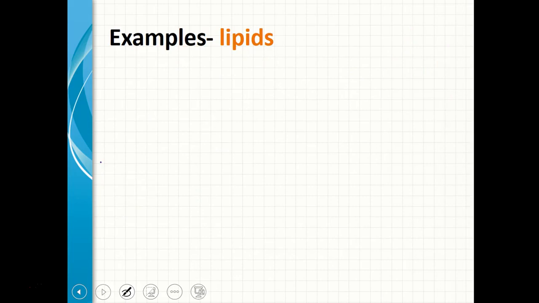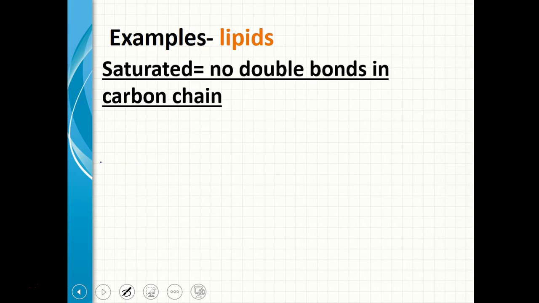The last group of lipids that I want to talk to you about is the saturated and unsaturated. So we have a saturated lipid that we are going to refer to as a saturated fat. All right, and that means there's no double bond in the carbon chain. So we're talking about that fatty acid chain, the legs to our E, right?